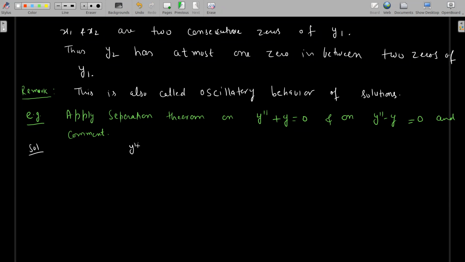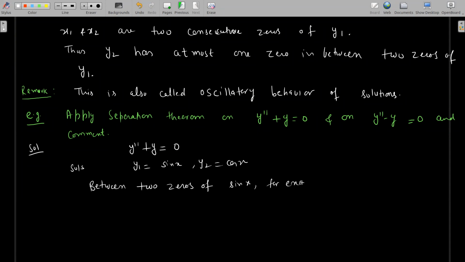So if you look at first equation, so solutions क्या हैं इसके? Solutions are sin x and cos x, and between two zeros of one solution, say sin x, for example sin x has many roots, so I am taking two roots. Let us take 0 and pi.